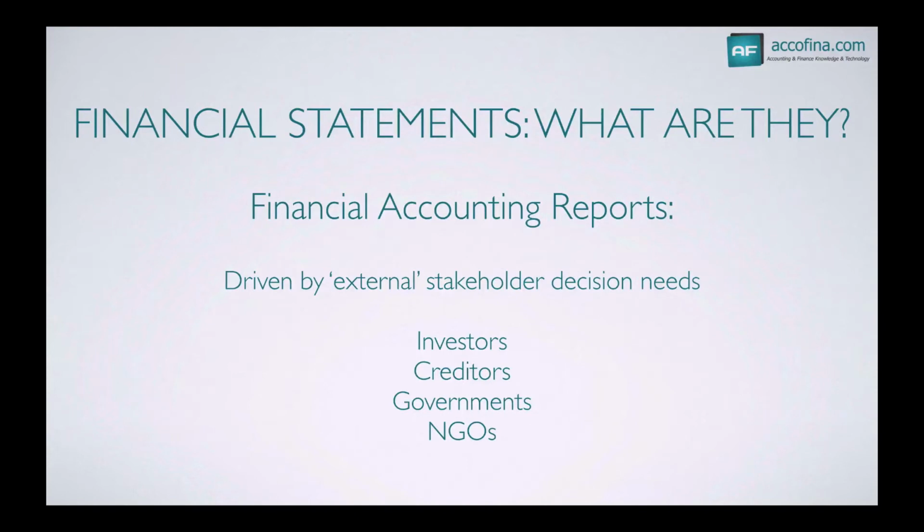So people external to the organization, such as investors or creditors or governments like tax authorities or NGOs or consumer groups or unions, they need to make decisions about particular businesses, about whether to do certain things or not do certain things. And their needs drive the production of financial accounting reports.